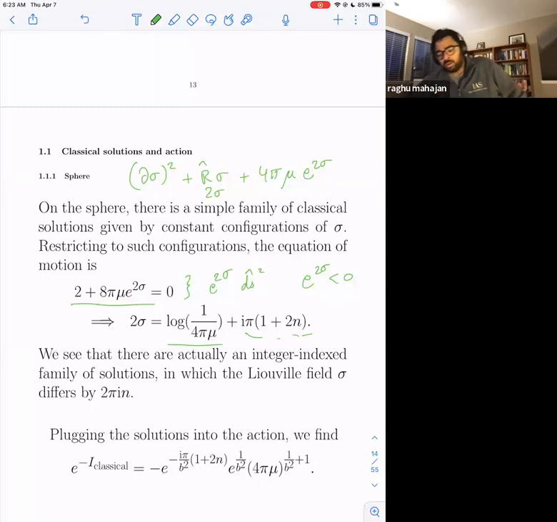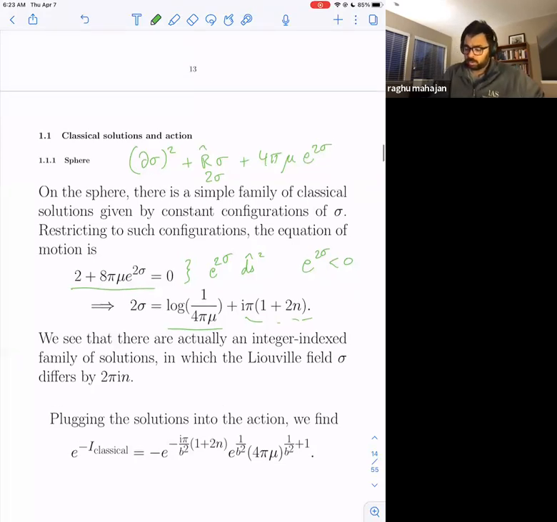So in particular, this is a metric with a minus minus signature. The physical metric has minus minus signature. And that is why you can actually satisfy the Liouville equations of motion, because remember that the classical Liouville equation just says that the Ricci scalar has to be -2.